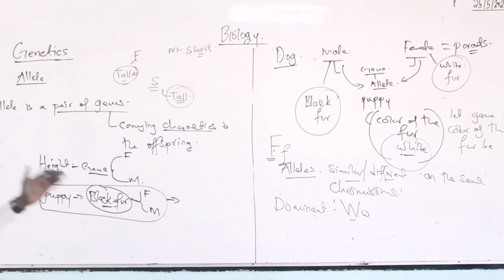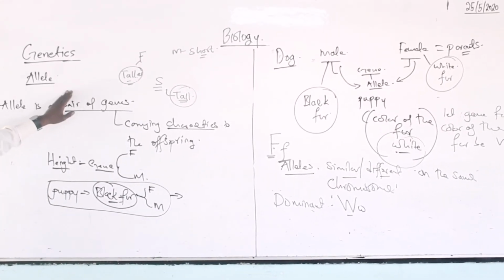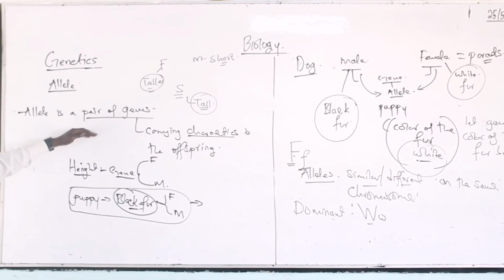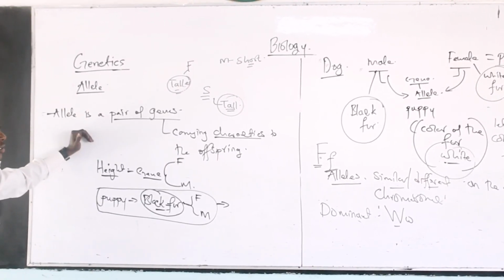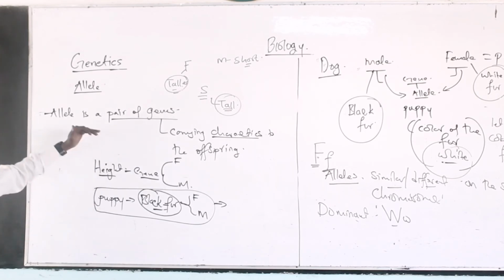So by the end of this lesson, you now know that genes exist in pairs, and such pairs of genes are called alleles. So a single trait has a pair of genes. Any trait that you can see in yourself is determined by the alleles. Of these two alleles, one is dominant and the other one is recessive. And how do you illustrate that in writing?